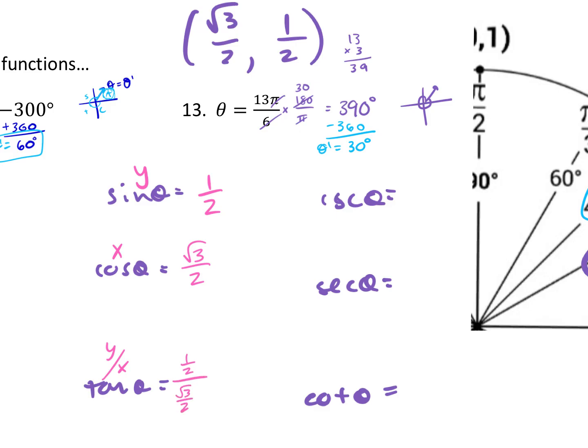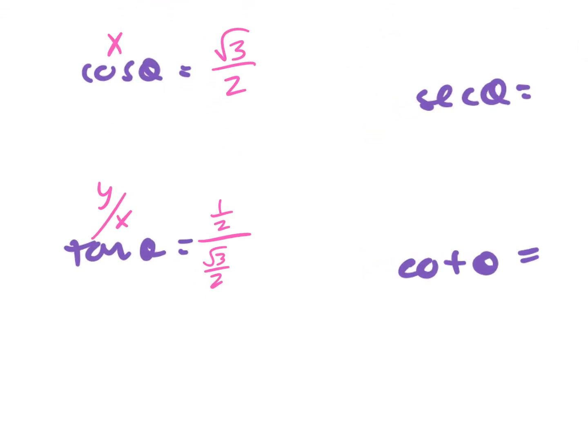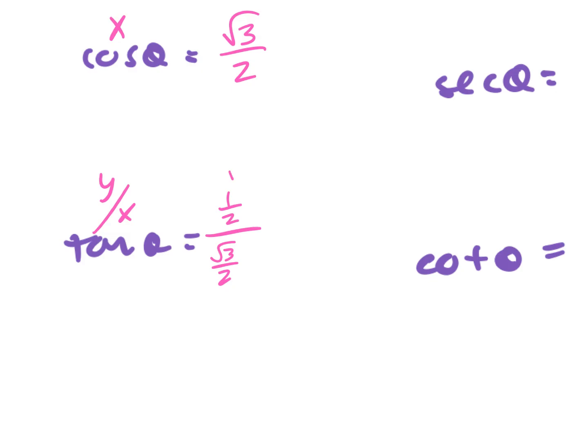What would we need to do here? Keep, change, flip. Keep the top, change to multiplication, flip the bottom to 2 over square root 3. Be careful when you're doing the math here and simplifying. 2's cancel, so we're left with 1 over square root 3, but we do need to rationalize. So this gives us square root 3 over 3.